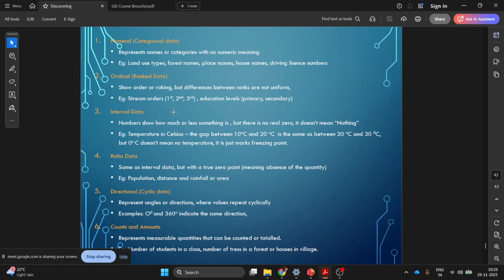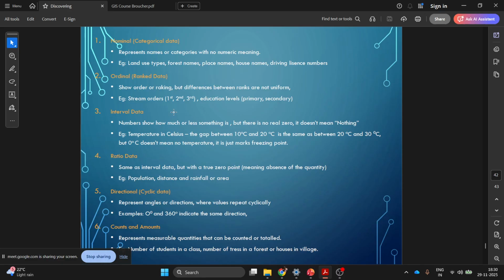So stream order, that is first, second, and third order, and also educational levels, such as primary and secondary. We cannot say that secondary is two times primary, right? That is not in accordance with this. So it shows order or ranking, but the difference between ranks is not uniform, because primary is different and secondary is different.